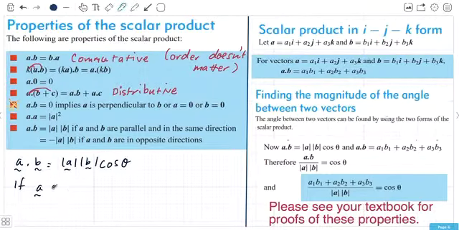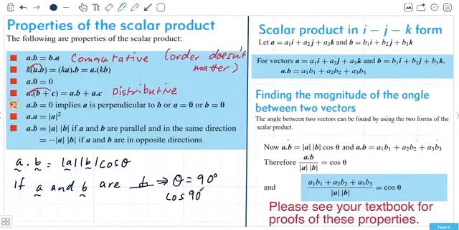If A and B are perpendicular, what's the angle between them? It's 90 degrees. And what's cosine of 90 degrees? Cosine of 90 degrees is 0.